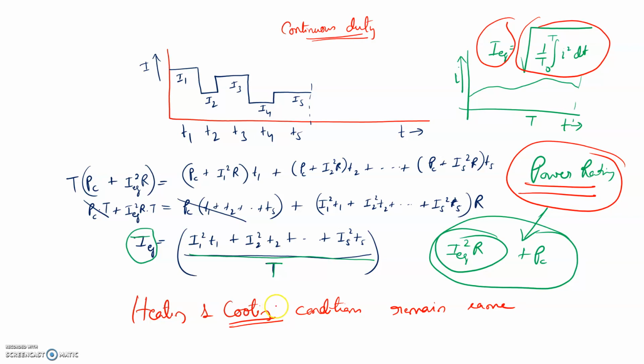Another thing is that after getting the I equivalent, we cannot directly calculate the power rating. What is the problem? Let us see. There is something called the overloading factor. Suppose for a DC motor the current rating is 10 amperes.